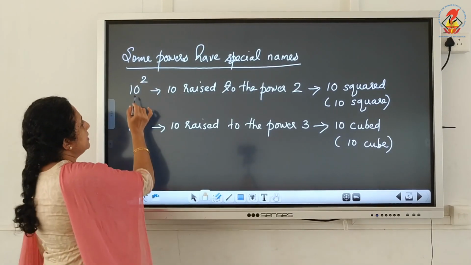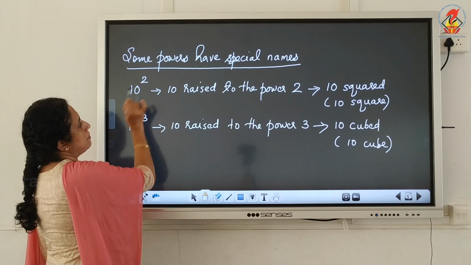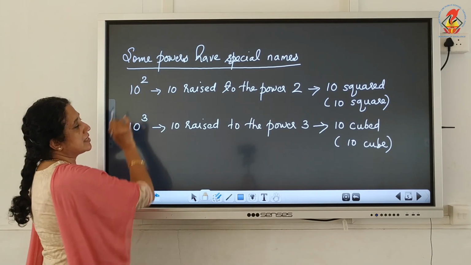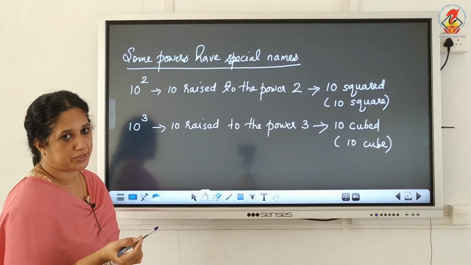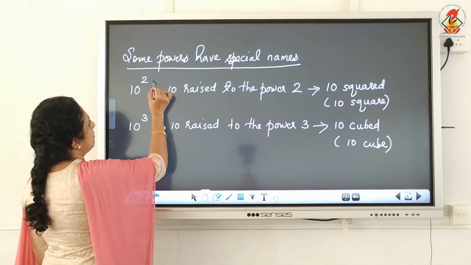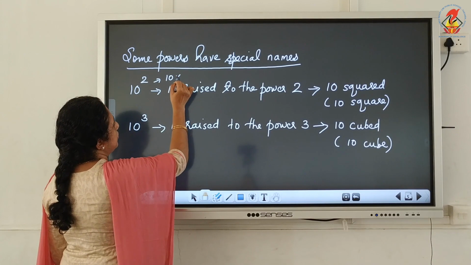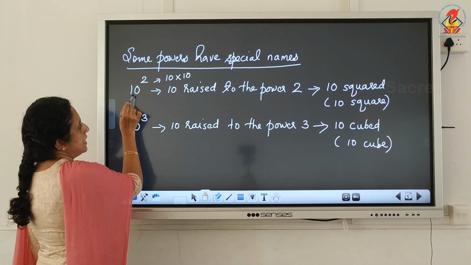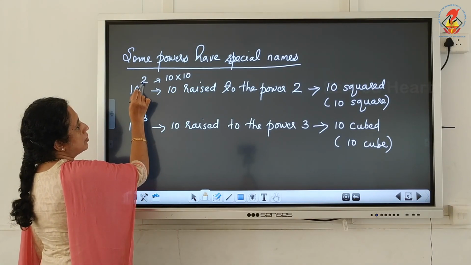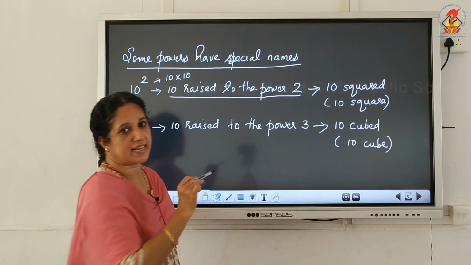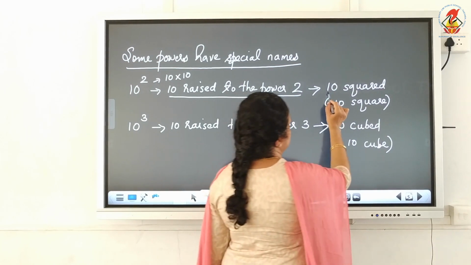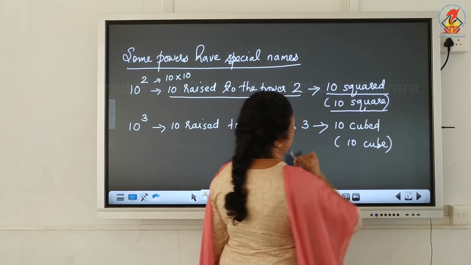Now look at this: 10 raised to the power 2. What is meant by 10 raised to the power 2? 10 is multiplied by itself how many times? 2 times. So 10 raised to the power 2 means 10 into 10. Base is 10 and the exponent or power is 2. We can read it as 10 squared or 10 square.